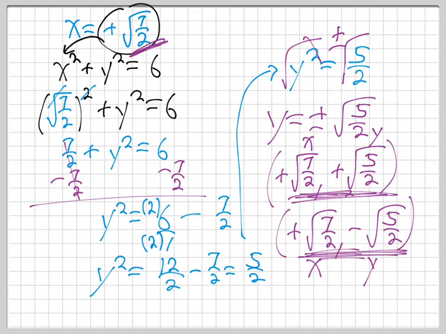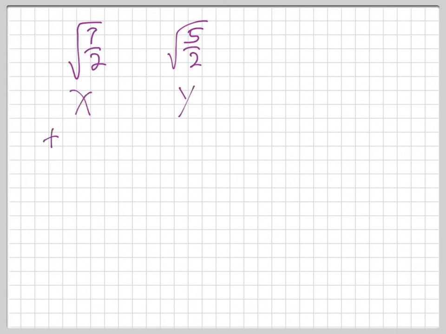Basically, it's all the plus and minus options of root 7 halves for x and root 5 halves for y. Oops, I'm not writing that very neatly. Root 7 halves for x, root 5 halves for y, and there's plus with plus, plus with minus, minus with plus, and minus with minus.